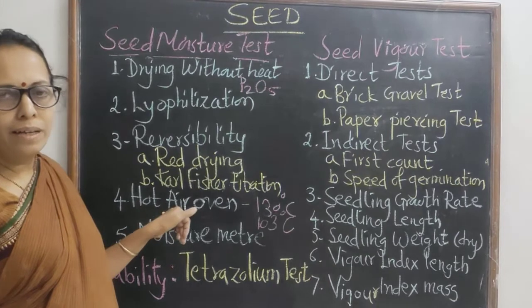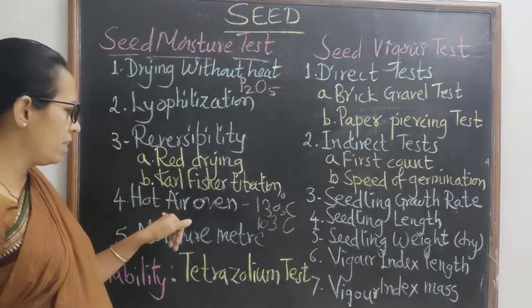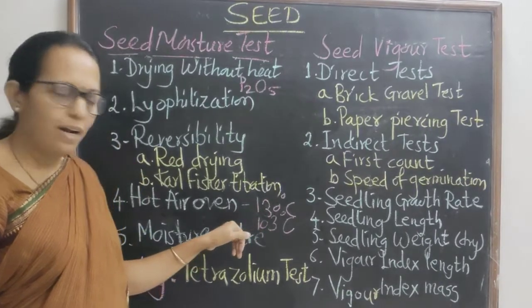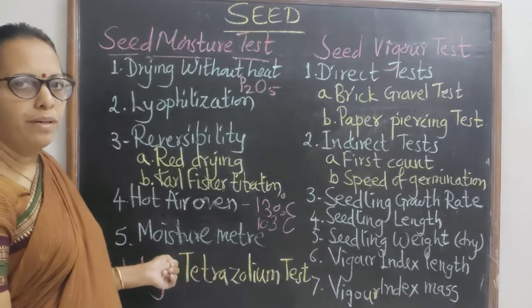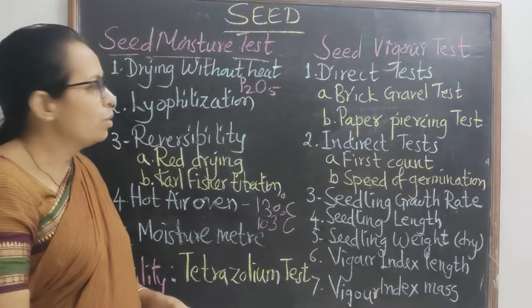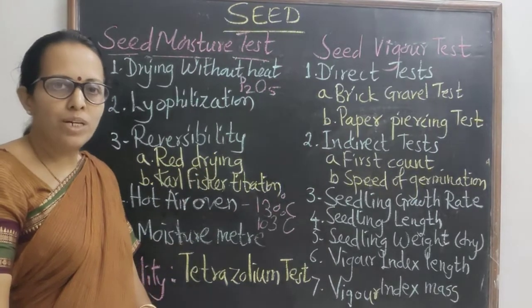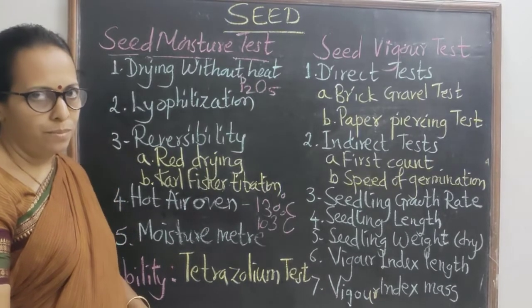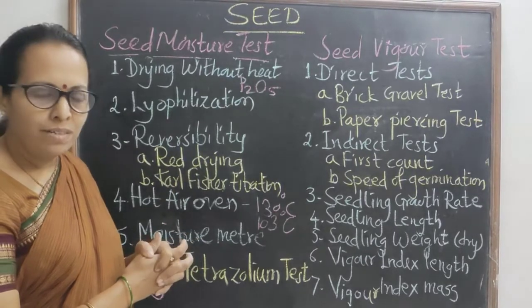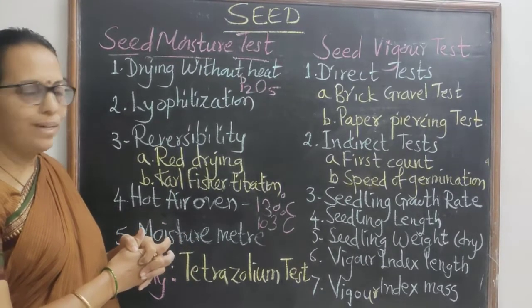Even very simple tests are there, like hot air oven tests, which are commonly carried out. And last, the moisture meter is used to determine the moisture in the seeds. We will see one by one all these methods which are used nowadays.